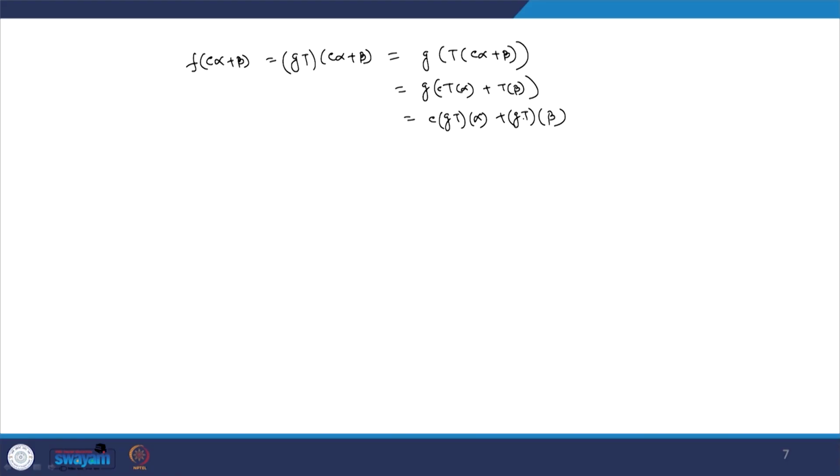So, this is a linear function. So, f is a linear functional on V star.